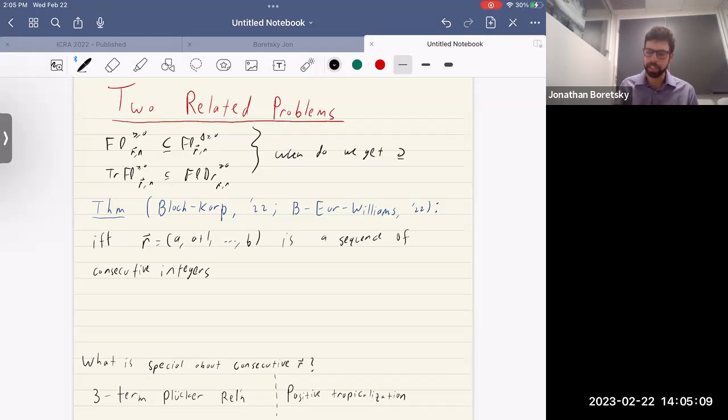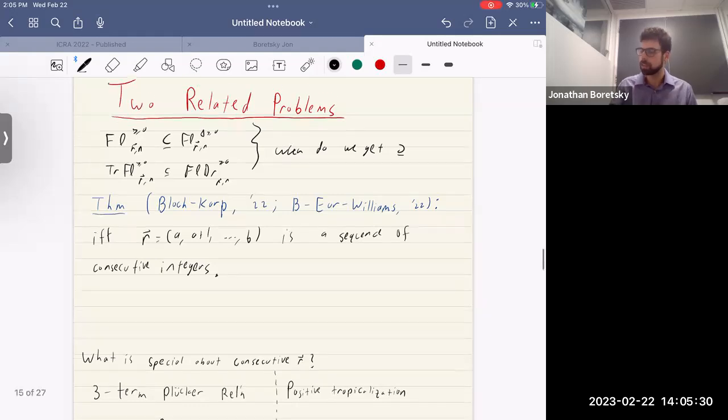And when you have the complete flag as well, you get the same result. Although the proofs are quite different, the proof that Lauren, Chris and I worked on would adapt quite nicely to the flag variety case. So in some sense, there is some unity going on here. There is some underlying structure that unites these two examples, these two proofs.